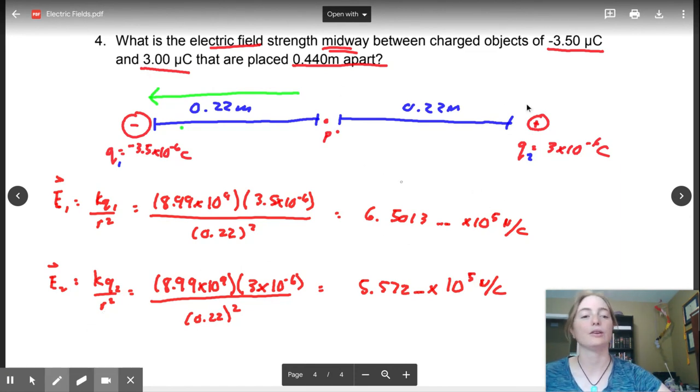Now, let us look at this one here. Here we've got a positive charge. And what direction do field lines go for positive charges?